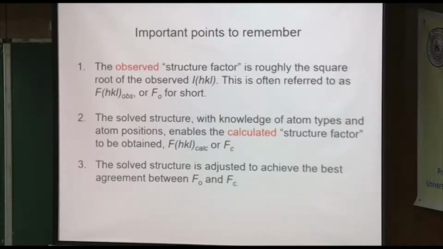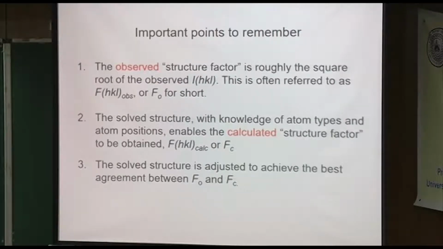Okay, so I'm just repeating myself here to say the observed structure factor is the square root of the observed intensity, and usually just FO or sometimes FOBS for short. The solved structure gives you the calculated structure factor, which means you're summing over all the HKLs and all the XYZs for all the atoms.